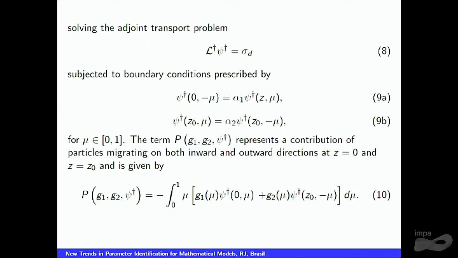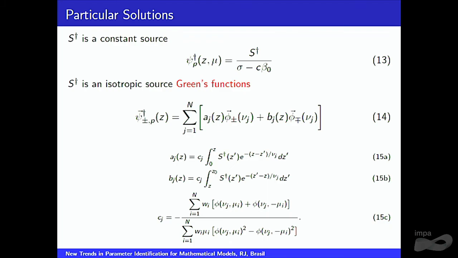When I solve this problem, I have an inhomogeneous problem, with a source for the adjoint flux. If the source is constant, it's easy to get a particular solution, since I can guarantee that these parameters are such that the denominator is different from 0. But if I have a more general source term, I need to define a particular solution, which we are able to do using some Green's function.